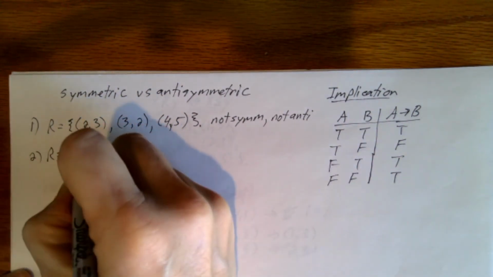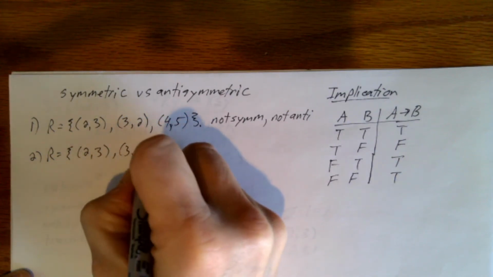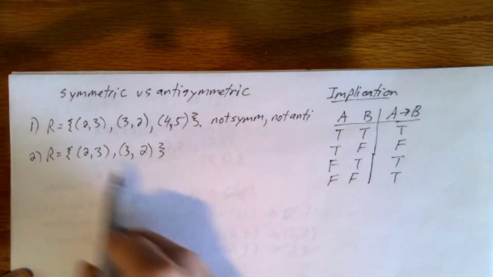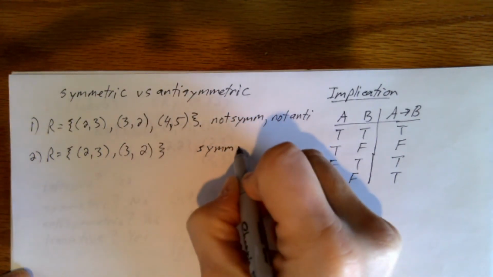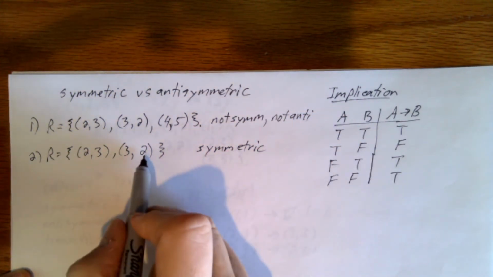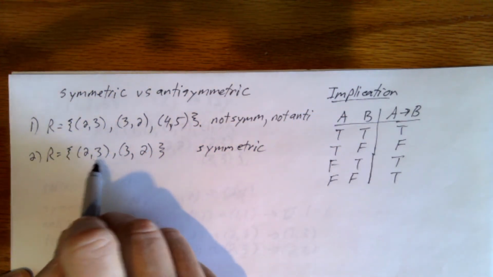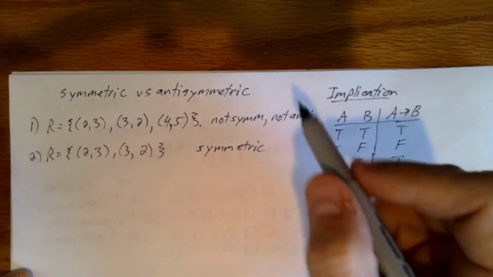Look at this example. All we have is 2, 3, and 3, 2. Now this is symmetric. We have 2, 3, we have 3, 2, or you could look at it the other way. We have 3, 2, and 2, 3. You can go either way.